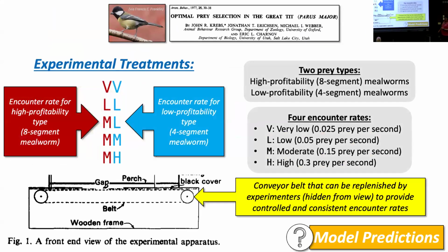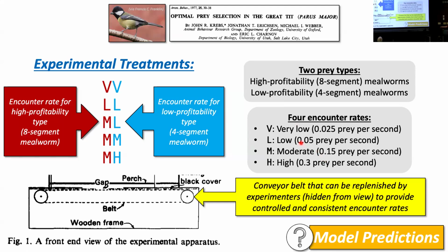Okay, so they've got these experimental treatments. There are two letters here, the red letter and the blue letter. The first letter, the red letter, has V, L, and M. This is the encounter rate for the high profitability type. So we've got very low, so you hardly ever see it, with big spaces between.